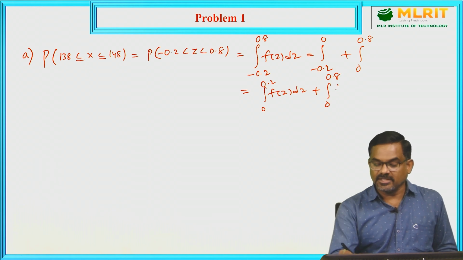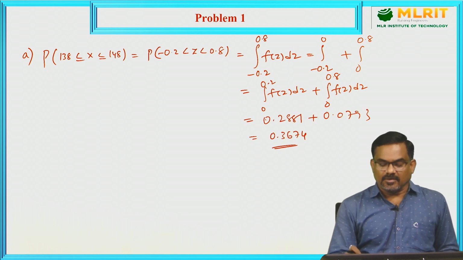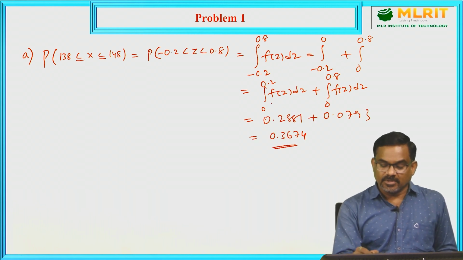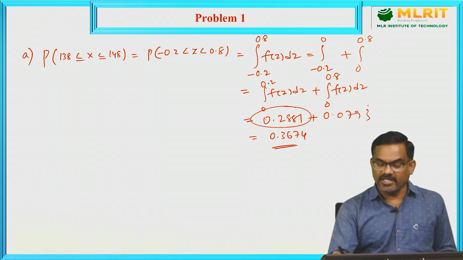So using the standard normal distribution table, we can calculate these two values. Now, using the standard normal distribution table, the area from 0 to 0.2 is given by 0.2881 and the area from 0 to 0.8 is 0.0793, and adding these two values.